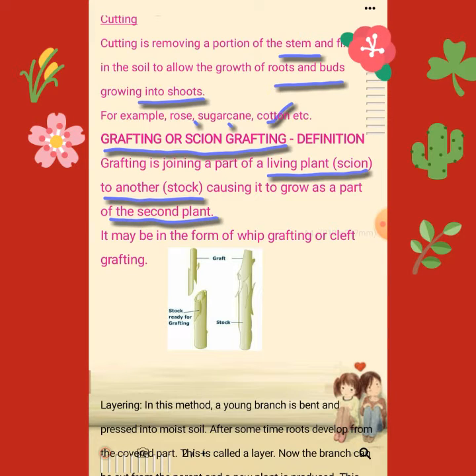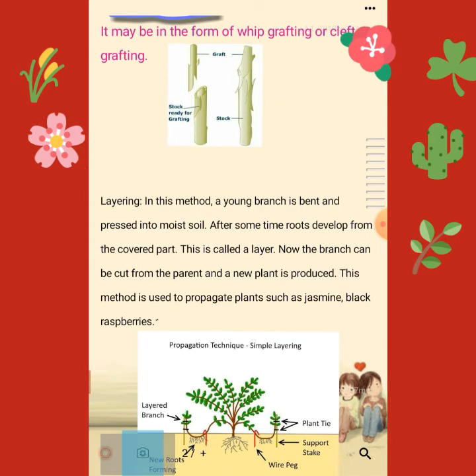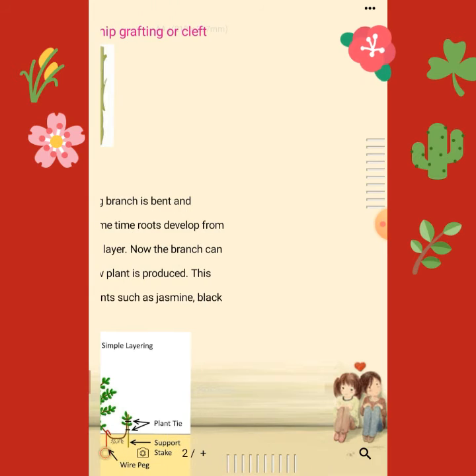It may be in the form of whip grafting or cleft grafting, depending on the shape of the cutting. Mostly grafting can be seen in the case of oranges, guava plants, even some types of hibiscus also can perform this grafting process.